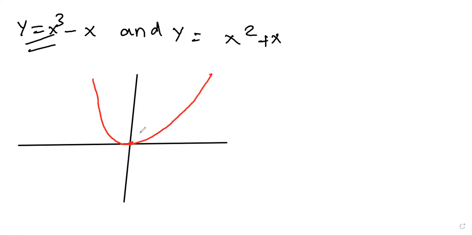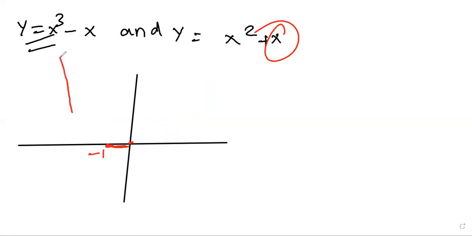When it is plus x, the coefficient of x is 1, right? So you just have to shift one value to the left side. The extremum will pass through this point. So this is the equation for y is equal to x square plus x. I'll teach you how to find the extremum also.